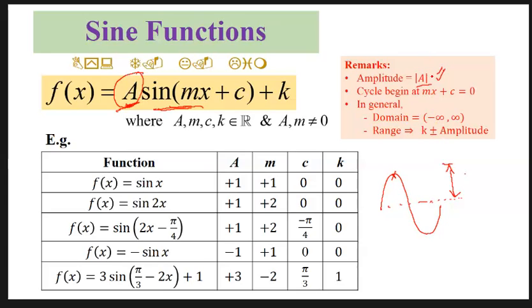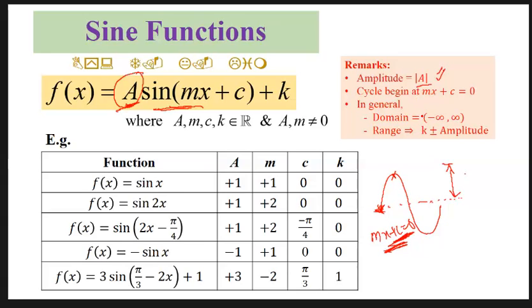We take its modulus, because this is a length and it always comes with a positive answer. Next, in our graph sketching later, I will always start with one cycle, as in this diagram. When sketching, I begin with the x value such that mx + c = 0, solving for x from this equation.